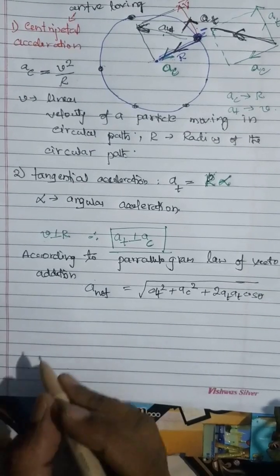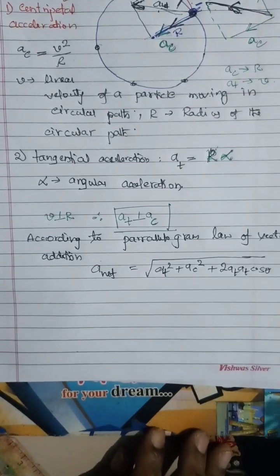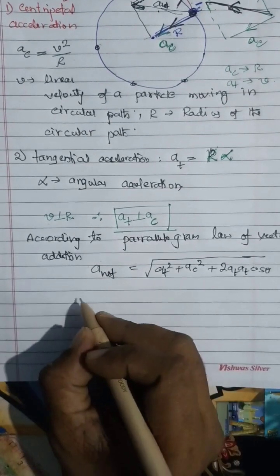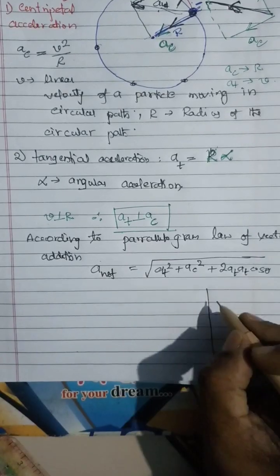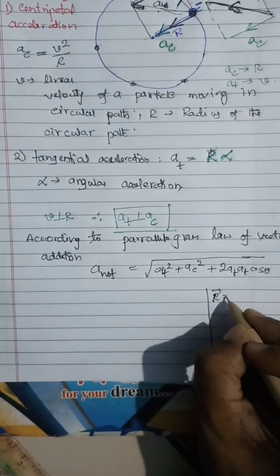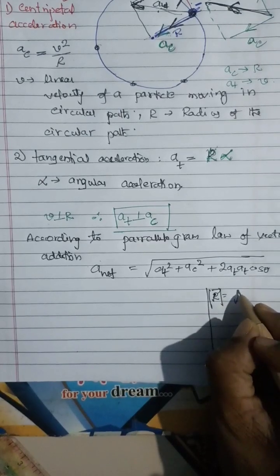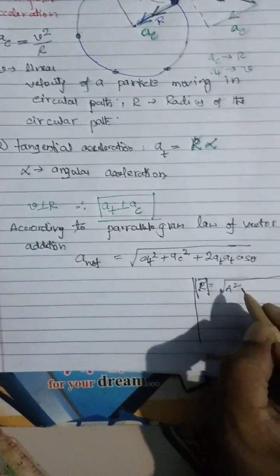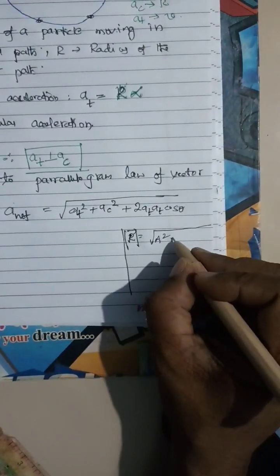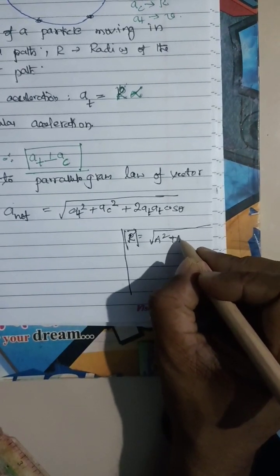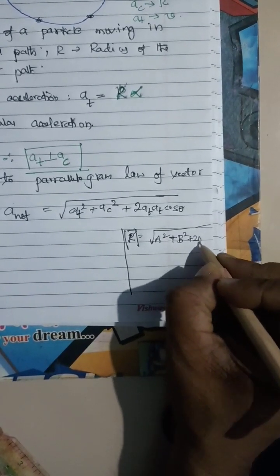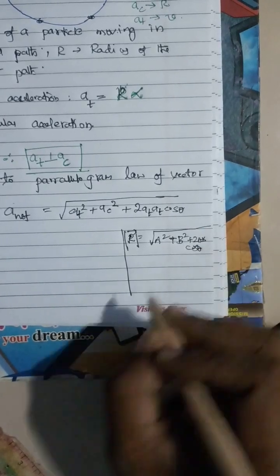Parallelogram law of vector addition: you know that if vector A and vector B are two vectors, then the magnitude of their resultant vector R is given by square root of a square plus b square plus 2ab cos theta.